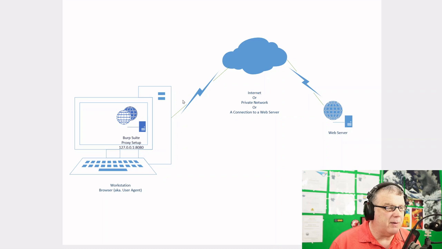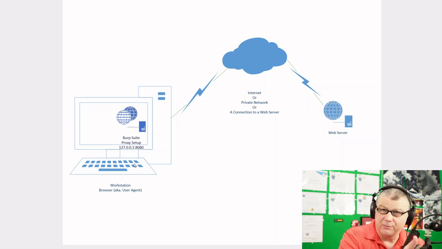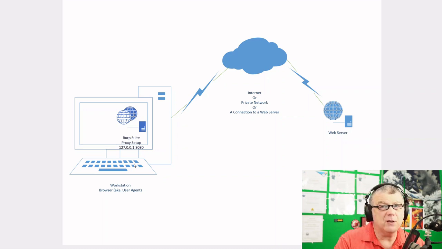But let's talk about over here, our client workstation, what we are working on. That is the device that's going to be using the utility of Burp Suite. Now, how Burp Suite is set up. On this machine, Burp Suite is going to be acting as a proxy server, meaning that all communication between the web browser, sometimes called the user agent, and the server will first have to go through the Burp Suite proxy.